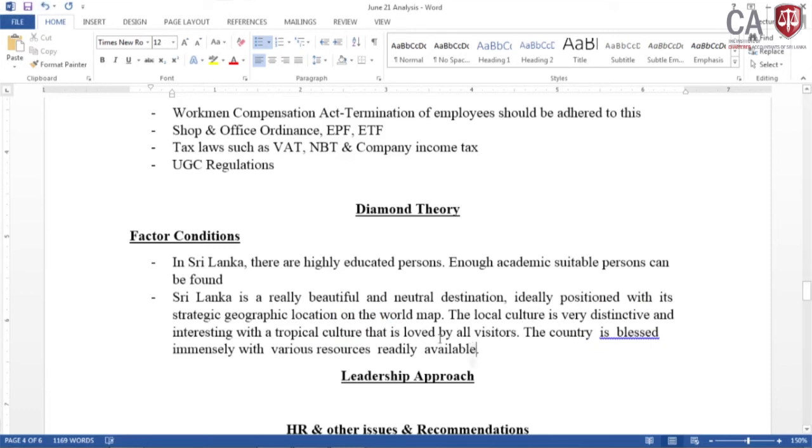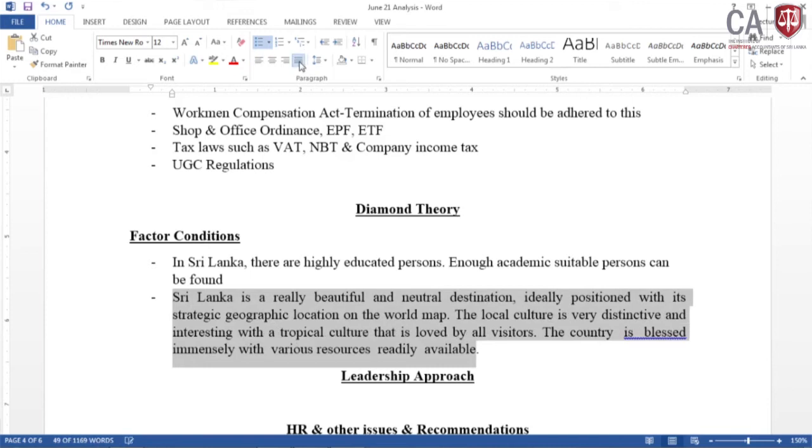I have taken that point here under factor conditions.